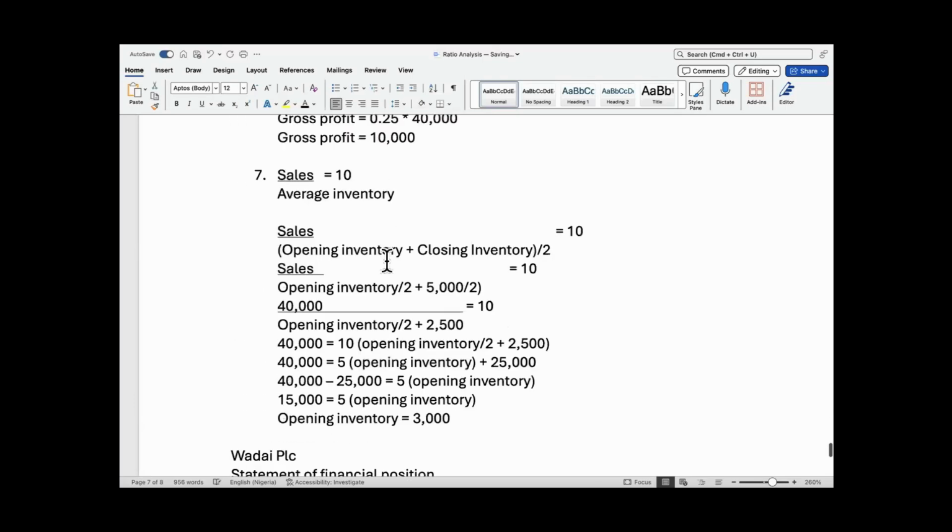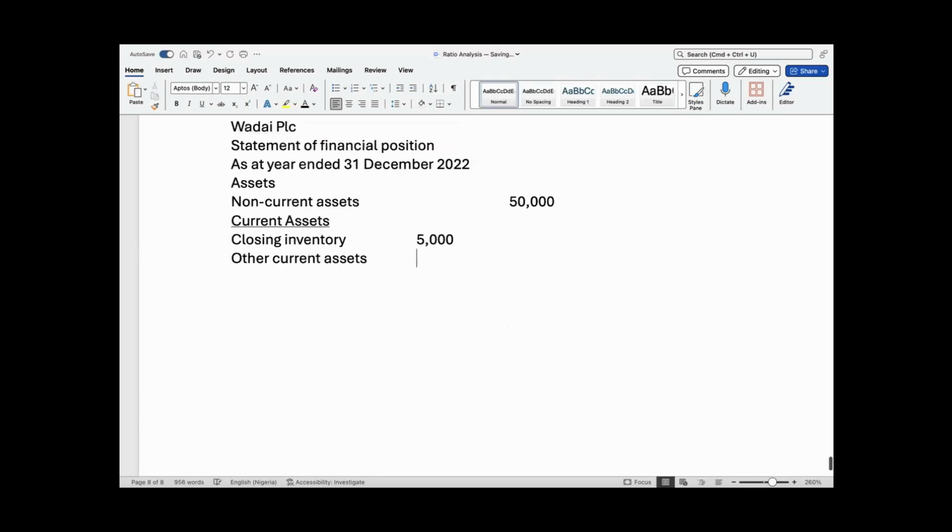Then this can be 65,000. Okay. Then this 70,000. That means my total assets is how much? Is 120,000.